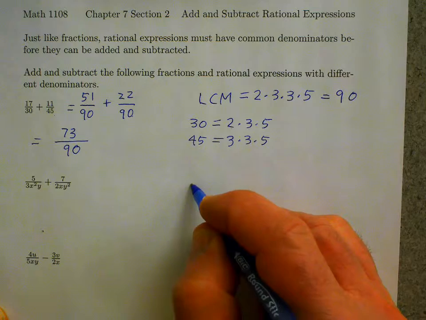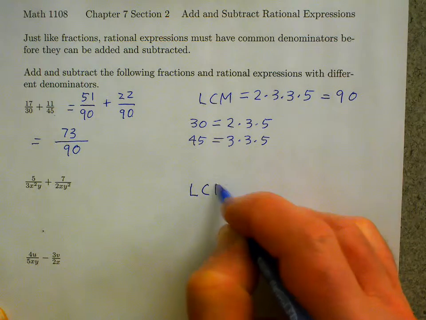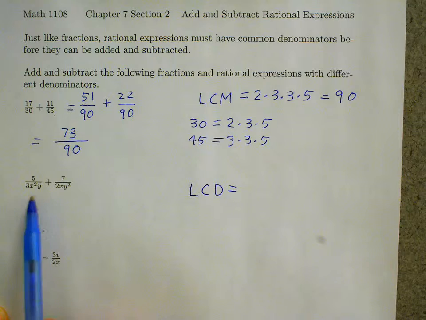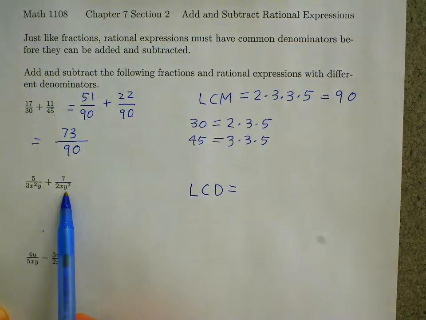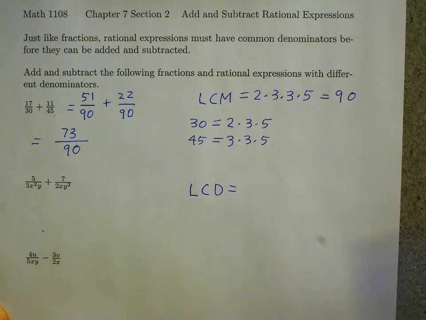So the least common denominator, which is the least common multiple of the denominators, has to be a multiple of each of those two denominators. Let's look at the coefficients first, 3 and 2. A multiple of 3 and 2 is 6.